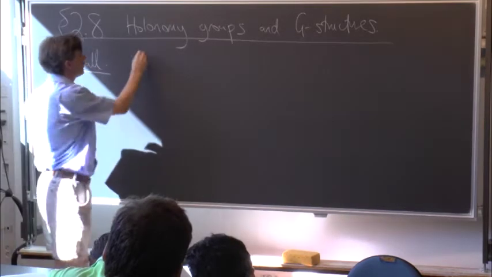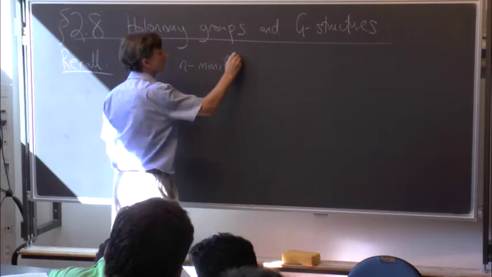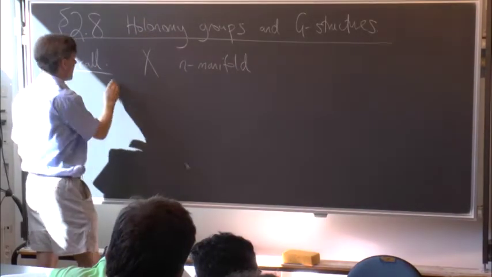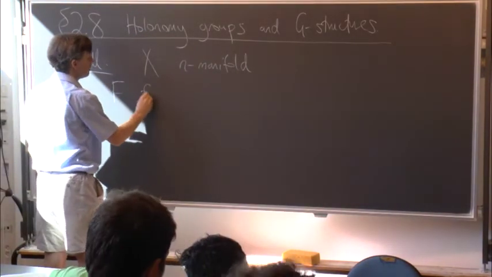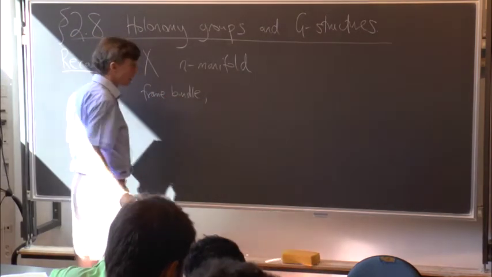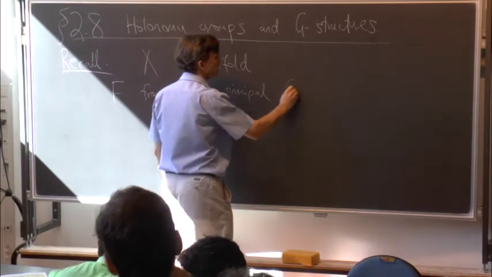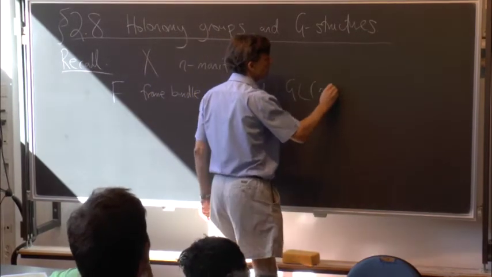Let's say X is an n-dimensional manifold. F can be the frame bundle of X, which is a principal GL(n,R) bundle.